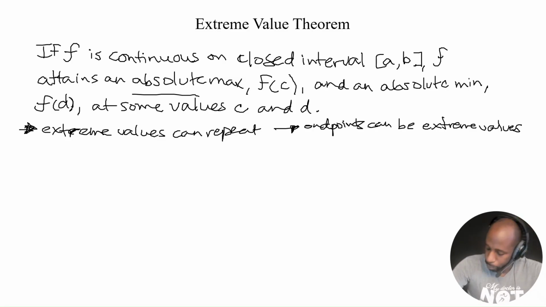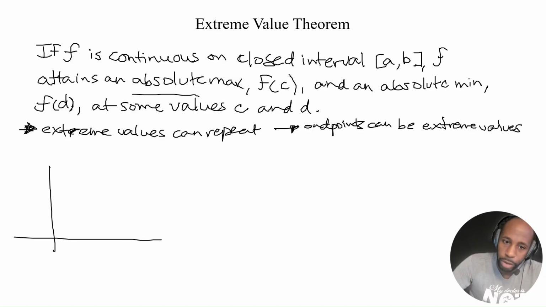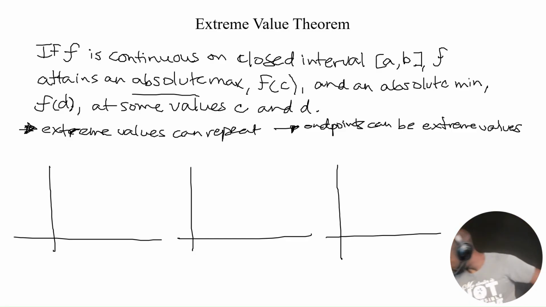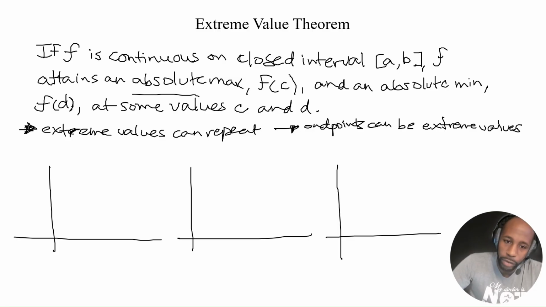So let's just illustrate this with a few graphs here so we can get a mental picture, if you will, of what these might look like. So say you have the following. So this graph looks like so.